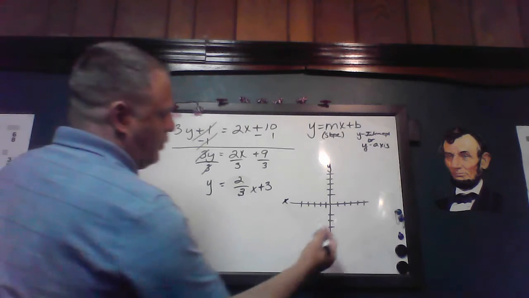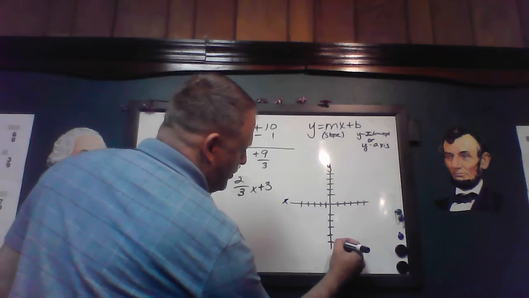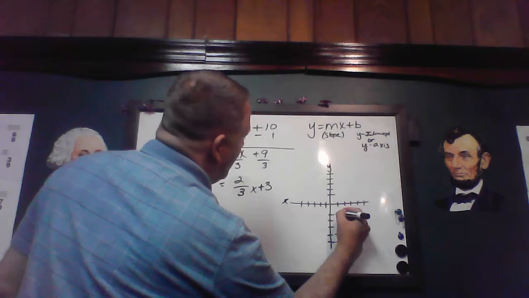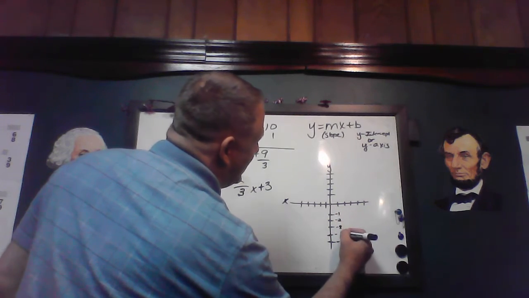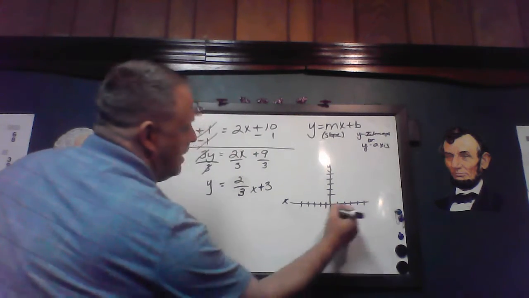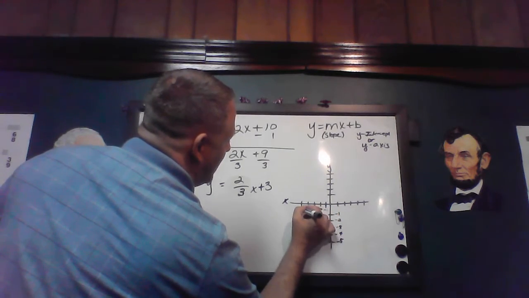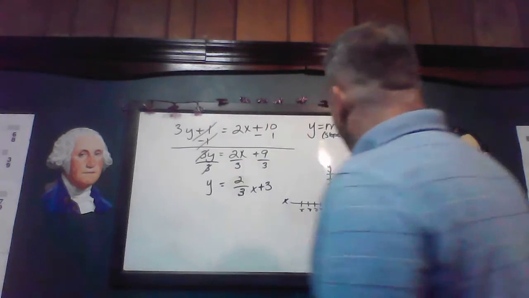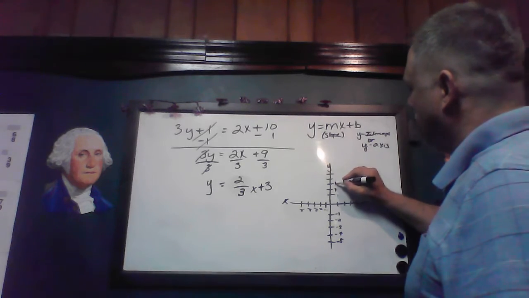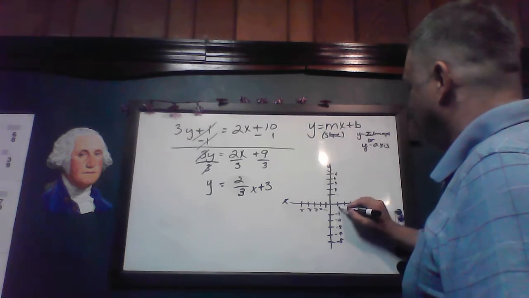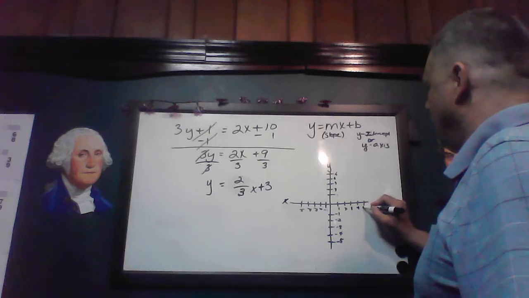And of course, these are all going to be negative 1, negative 2, negative 3, negative 4, and negative 5. Negative 1, negative 2, negative 3, negative 4, negative 5. 1, 2, 3, 4, 5. 1, 2, 3, 4, and 5.